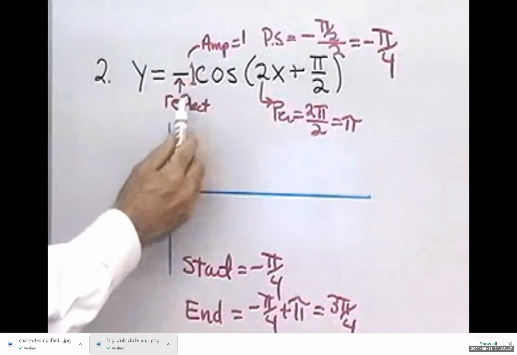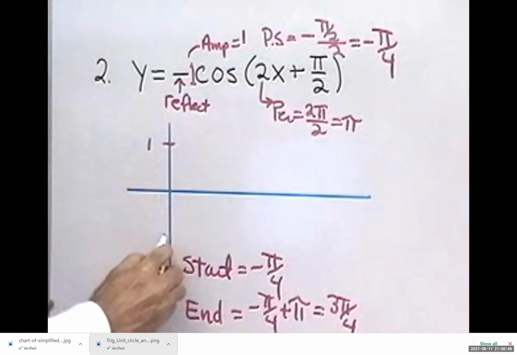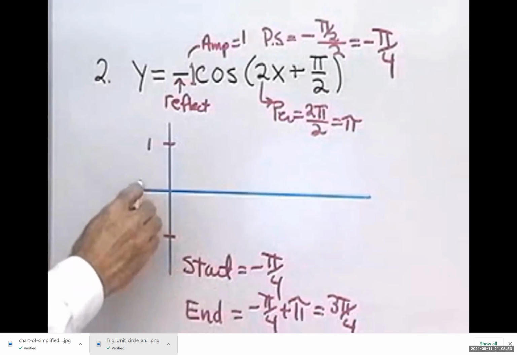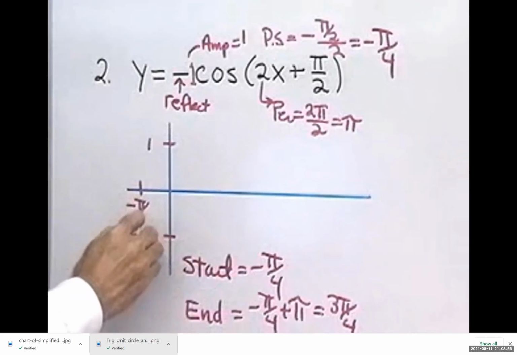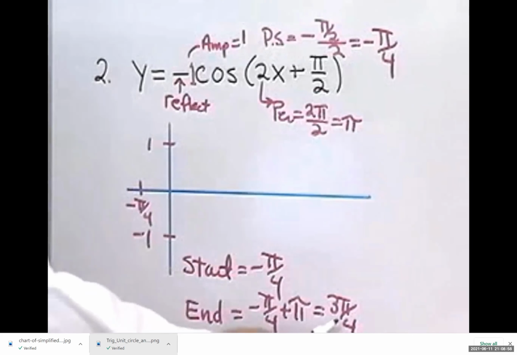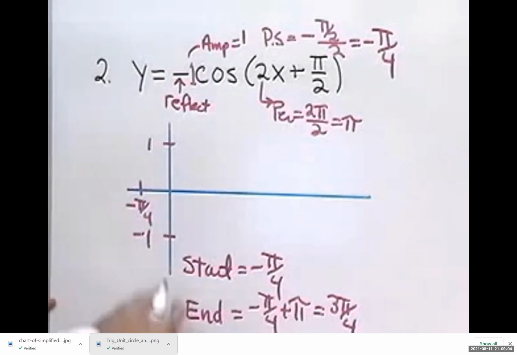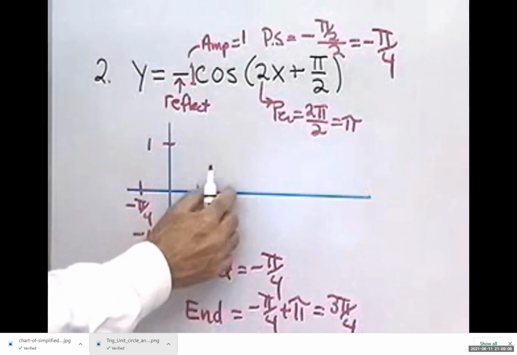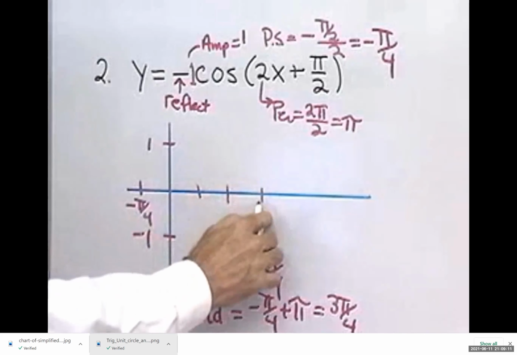It's going to have an amplitude of 1. So I'll just make this 1 and this negative 1 on the y-axis. It's going to start at negative pi over 4. So let's put that right there, negative pi over 4. It will end at 3 pi over 4, which is pi units after where it starts, negative pi over 4. So if this is 1 pi over 4, then this is 1, 2, 3 pi over 4.